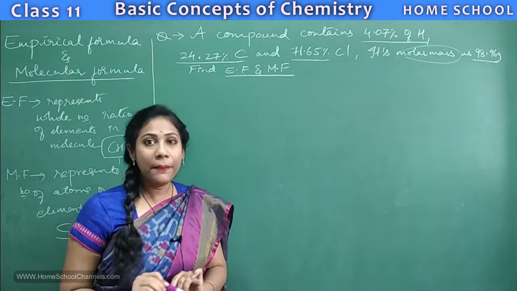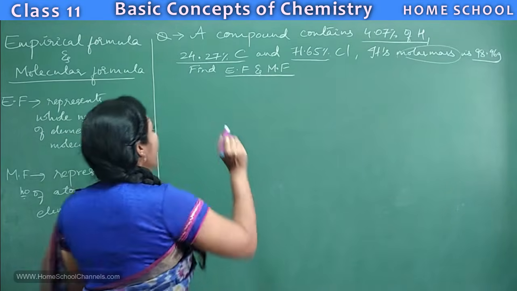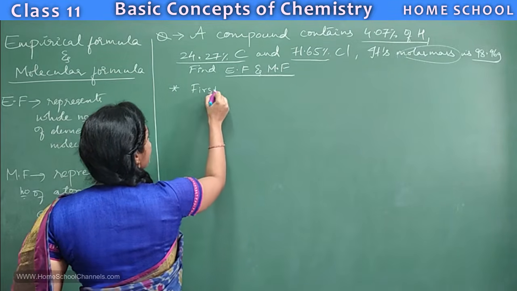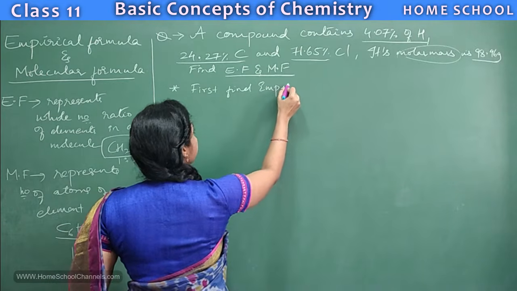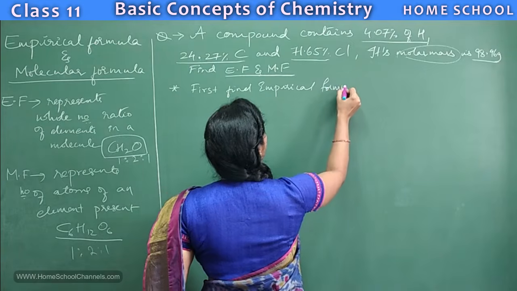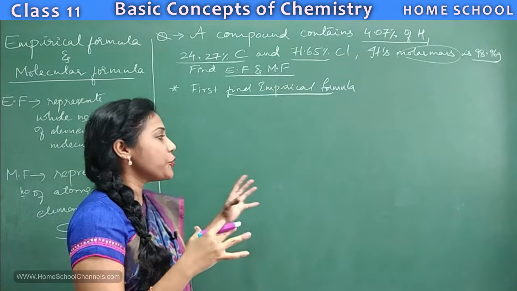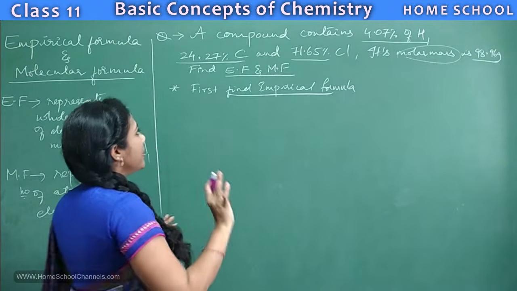So in step number 1, we have to find the empirical formula. To find the empirical formula, we need to do a few steps. Not too difficult. Just do it this way.